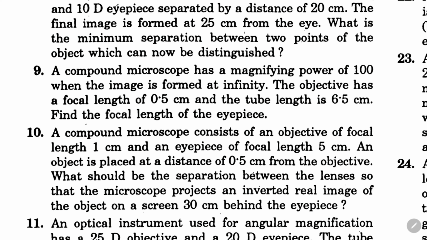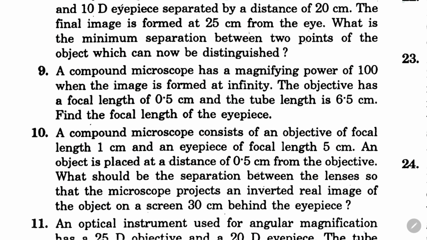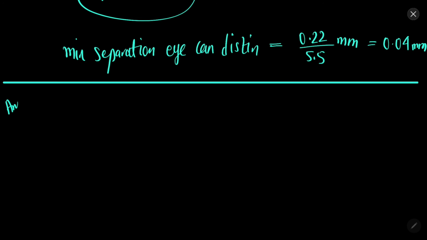A compound microscope has a magnifying power of 100 when the image is formed at infinity. Now objective has a focal length of 0.5 cm, tube length is 6.5 cm. We need to find the focal length of the eyepiece. So this is the 9th one. In the 9th one, what do we have?